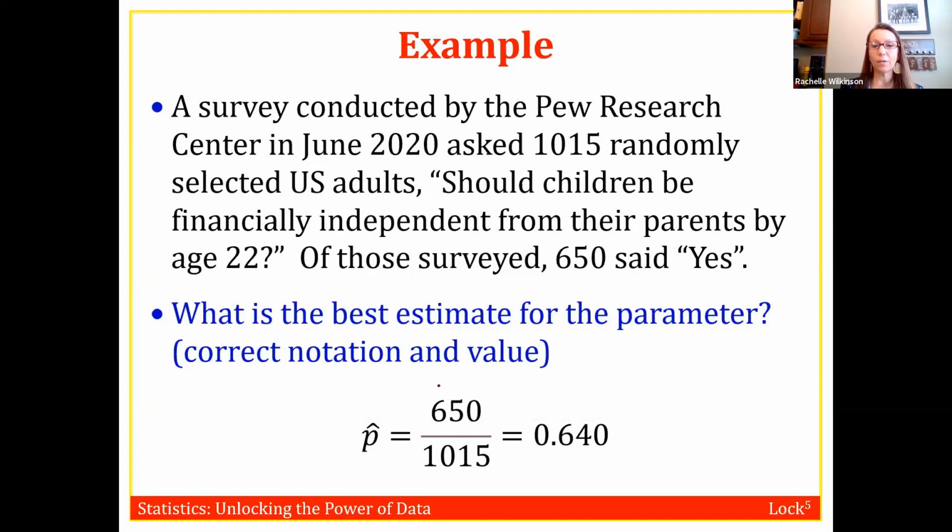It told us there were 650 people that thought the kids should be independent by 22 out of 1,015 that participated in our study. So we would take 650 divided by 1015 to give us 0.640 as our P hat estimate. So here, again, I'm asking for correct notation.